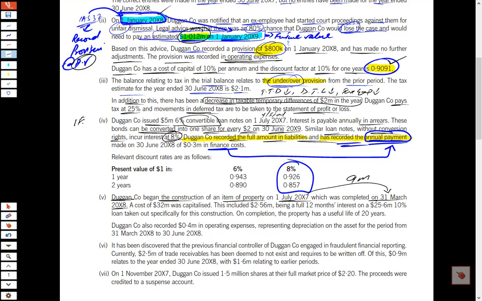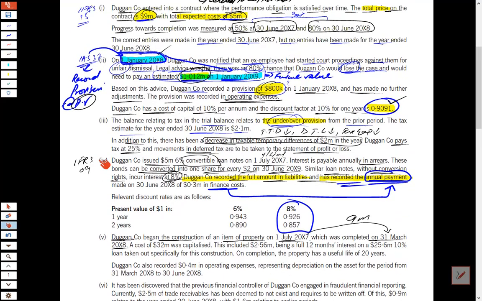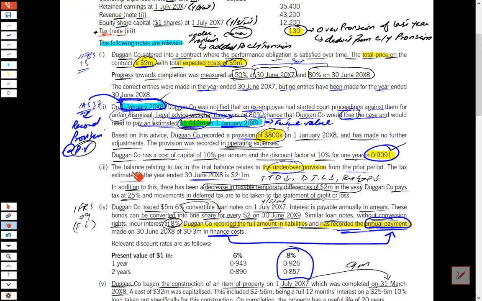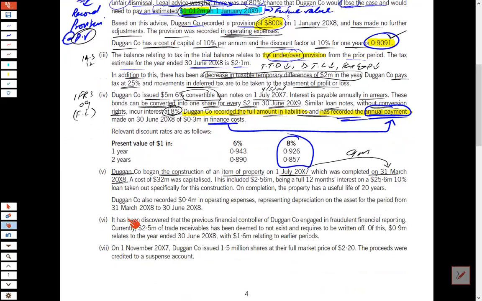Note number 4 pertains to IFRS 9, financial instruments. For 1 and 2, we have already marked. Transaction 3 is pertaining to IAS 12, income taxes, whereas transaction 5 pertains to IAS 23, borrowing cost.